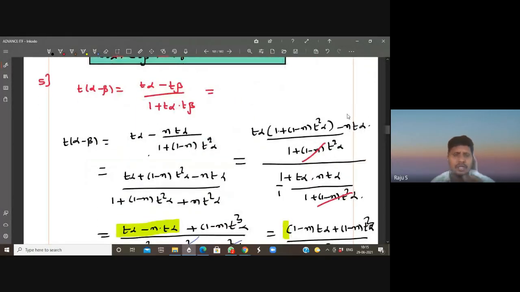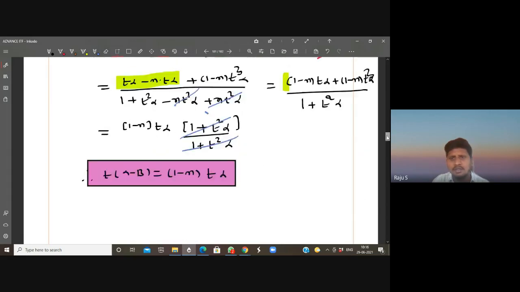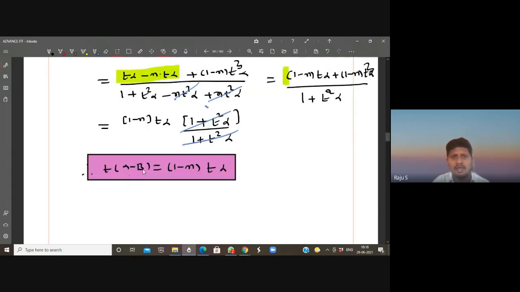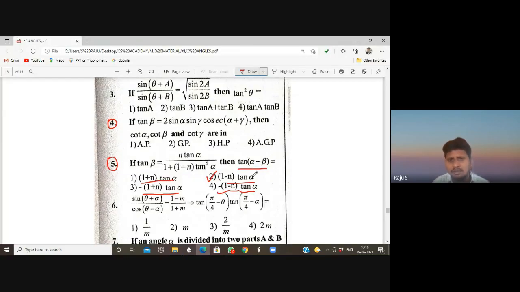I substituted the tan beta value, already they have given. Then I have taken LCM in numerator and denominator. Then I simplified. Finally, we got 1 minus n into tan alpha. That is the required answer. So tan alpha minus beta is equal to 1 minus n tan alpha. So the answer is the second option, right?